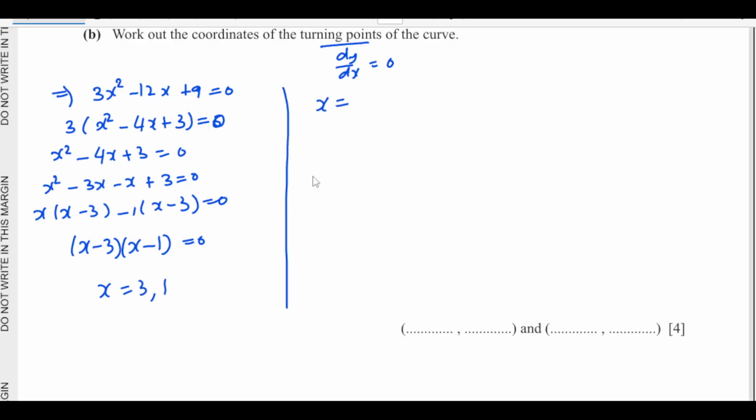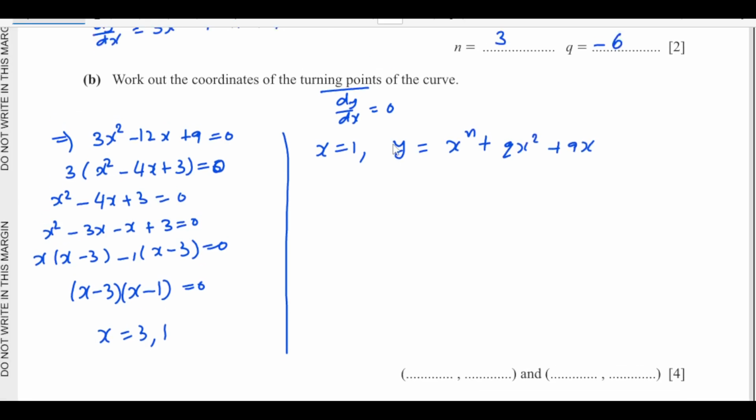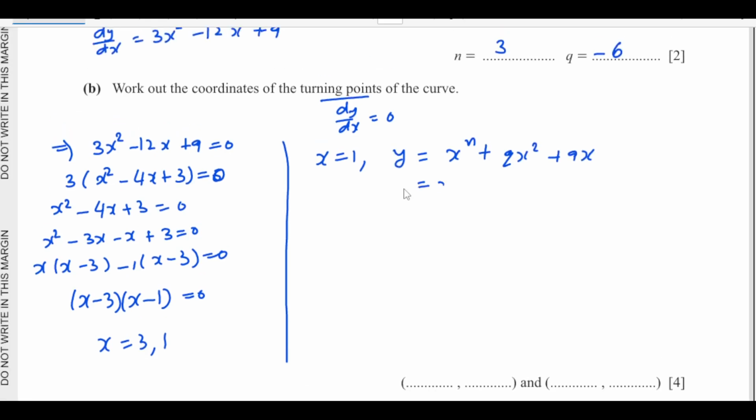When x is 1, what will y be? Y is x to the power n plus qx squared plus 9x. We have the values of n and q, so we can substitute: x cubed minus 6x squared plus 9x.